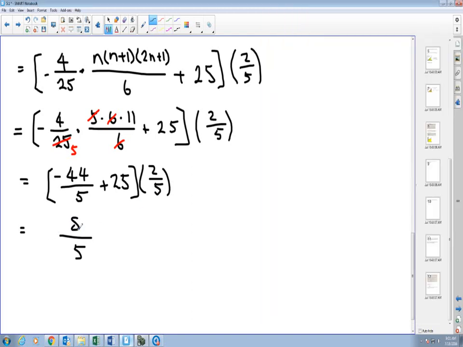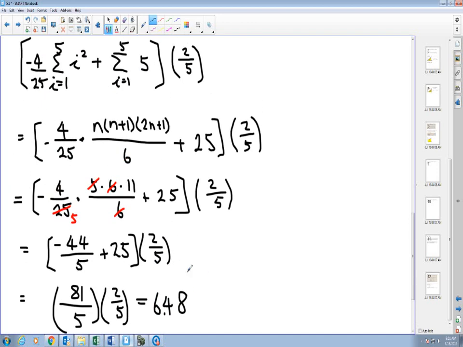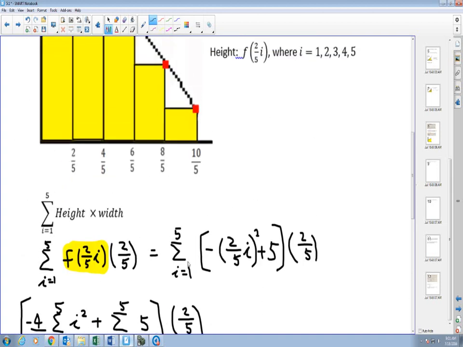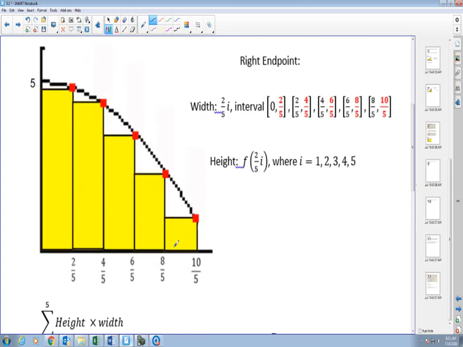So that will be 81 over 5 times 2 over 5. And if I put this in the calculator, I think it will be exactly 6.48. Okay, so that's the area of my 5 rectangles.